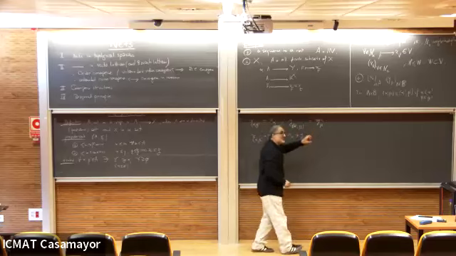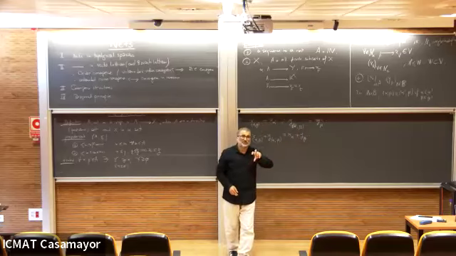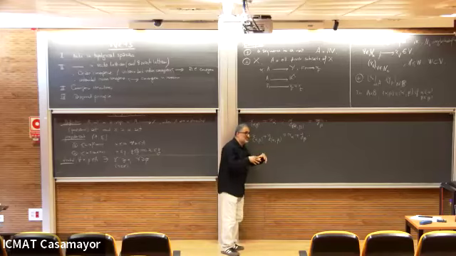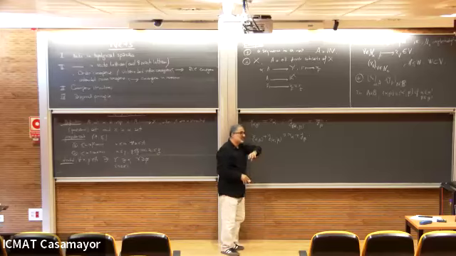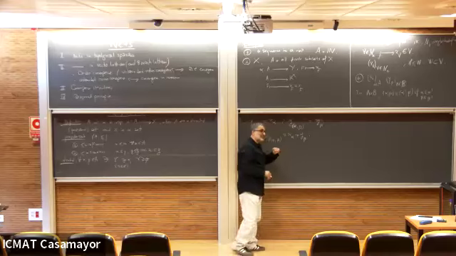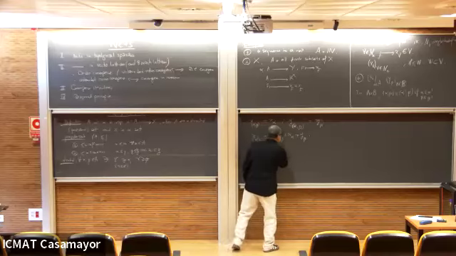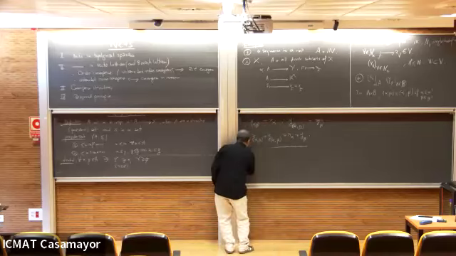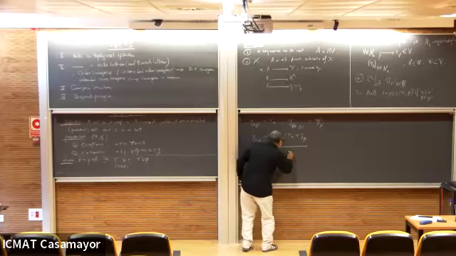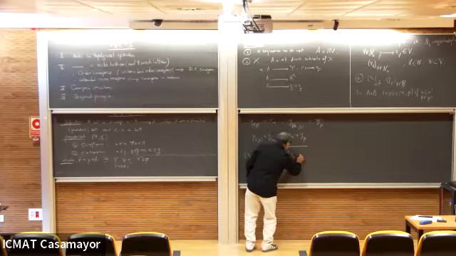This is useful when we want to study Cauchy nets, because a sequence is Cauchy if the difference goes to 0 when both indices go to infinity. And in this case, if we start with a net x_alpha, we can consider this net x_alpha minus x_beta.